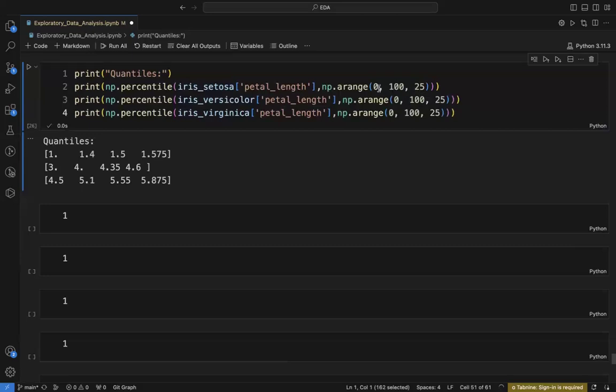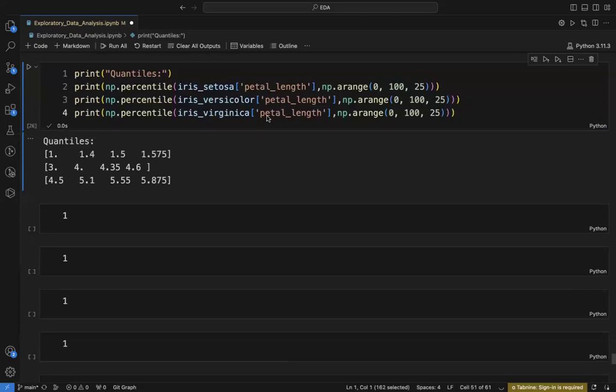So this is the minimum value. The minimum value we know is 1 and here it is also coming as 1. This 1.5 is my 50th percentile, or the median. This is my 0th percentile, this is the 25th percentile, this is my 50th percentile, and this is my 75th percentile.